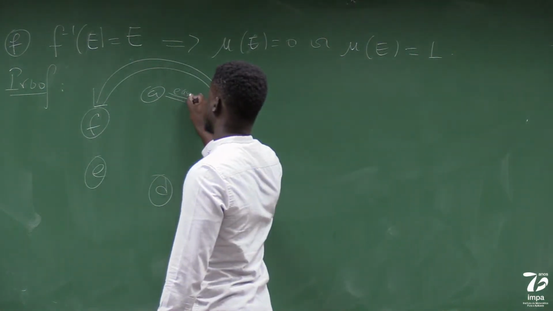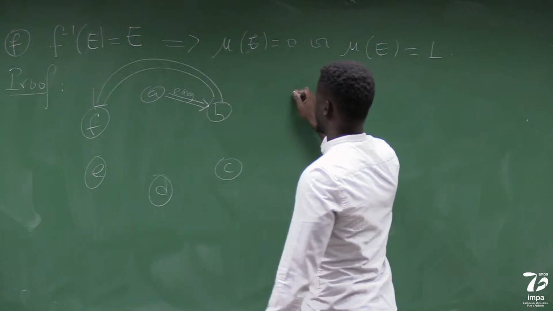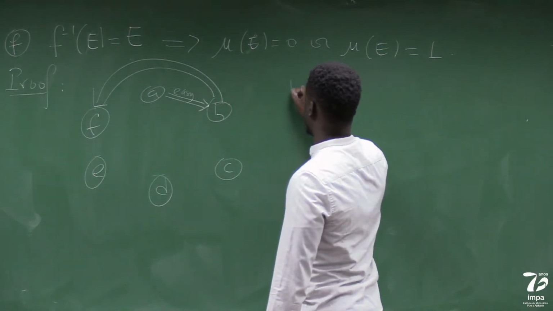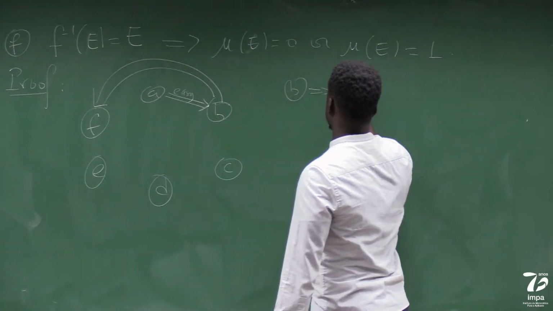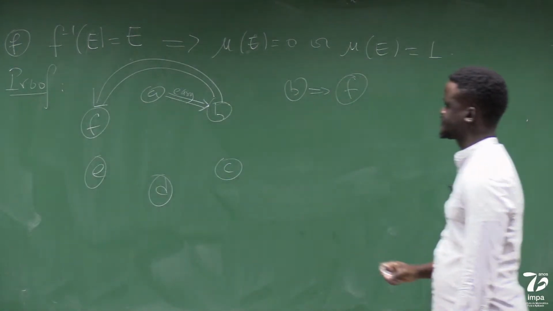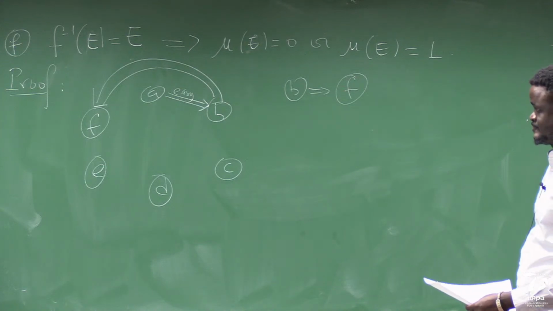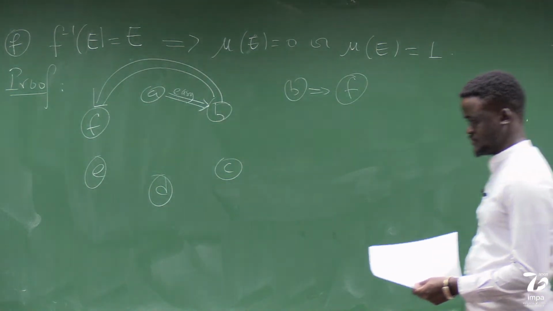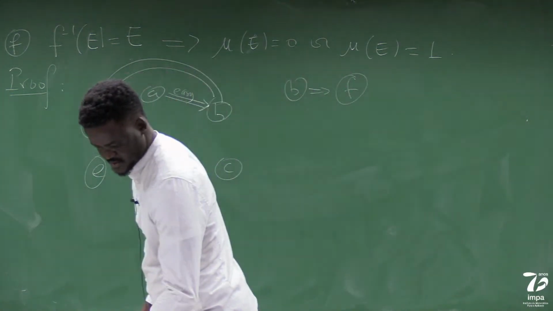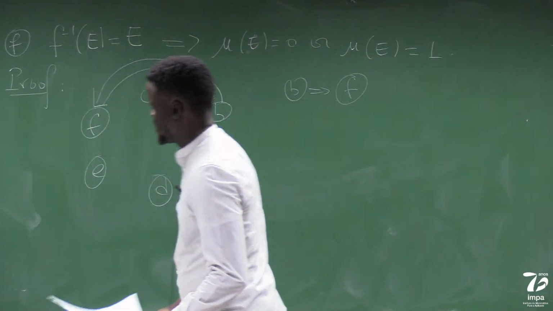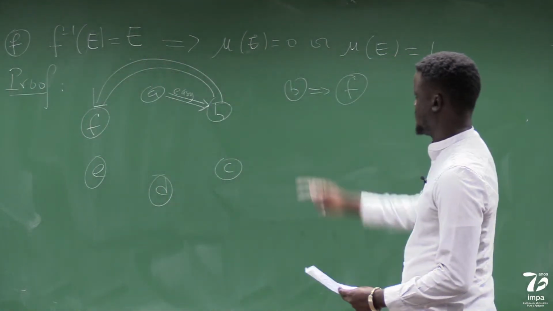So let's see why B implies F. You have B, and now you take a set that is invariant.